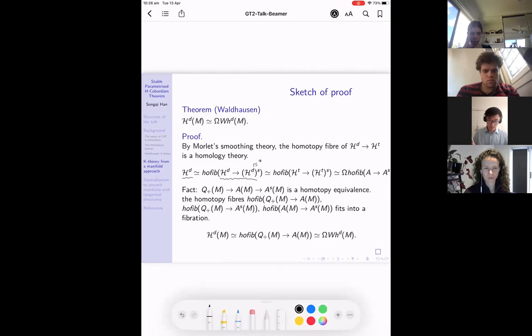And by more or less smoothing theory, we know that the homotopy fiber of this forgetful functor from the smooth h-cobordism space to the topological one is a homology theory. This functor is simply forgetting the smooth structure, which gives us the second homotopy equivalence, because if we have a homology theory as the homotopy fiber, then we take the excisive approximation.